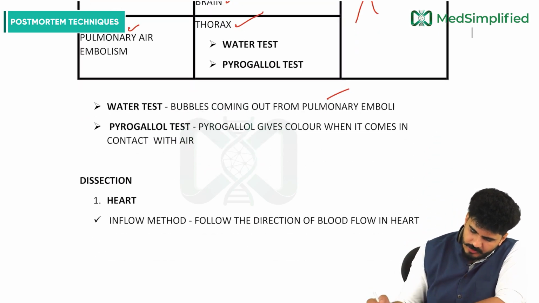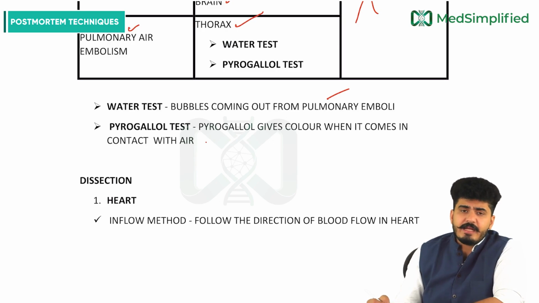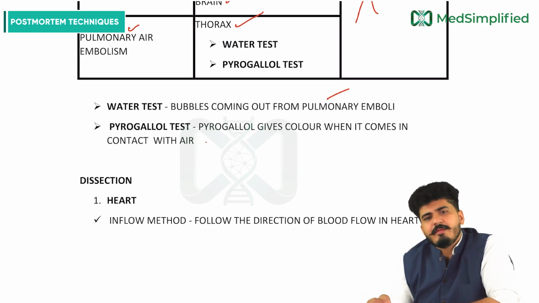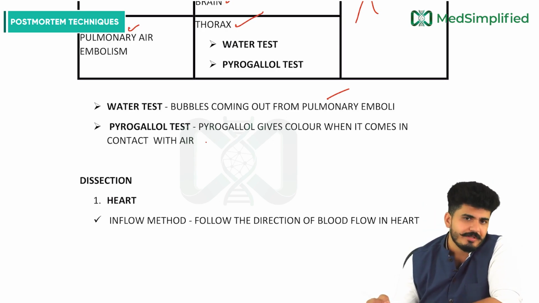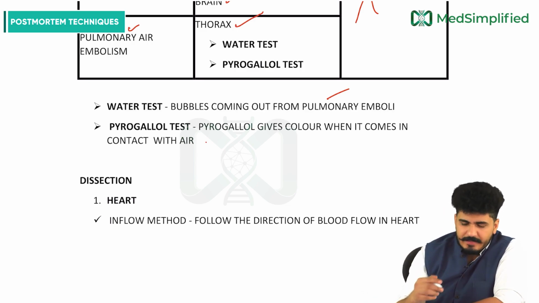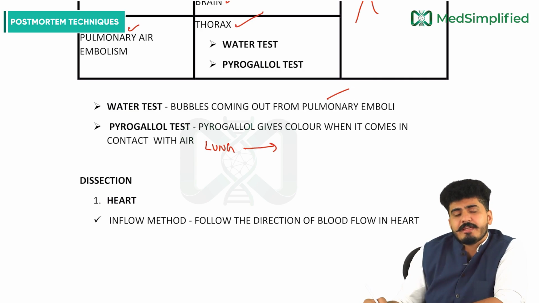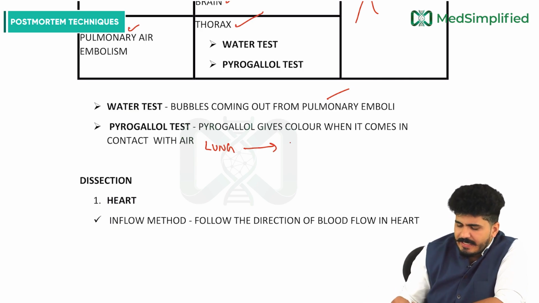The pyrogallol test gives color when it comes in contact with air. If a child died because of pulmonary embolism, when you inject pyrogallol inside the lung and then take out the sample, you will see the sample change color.